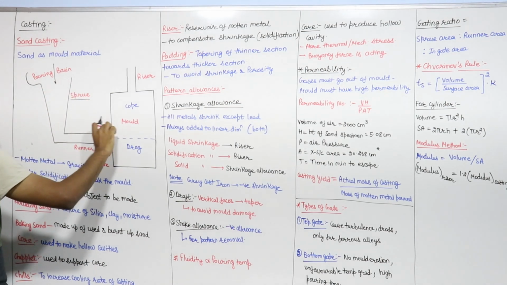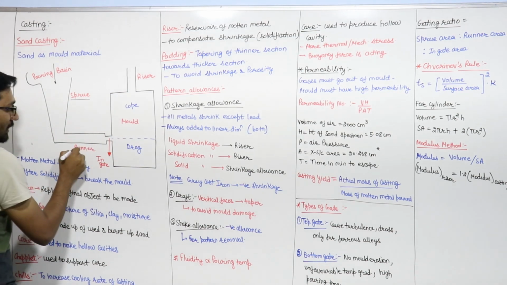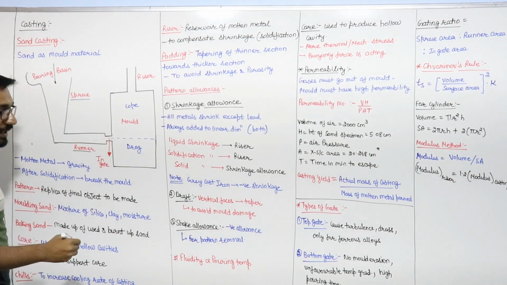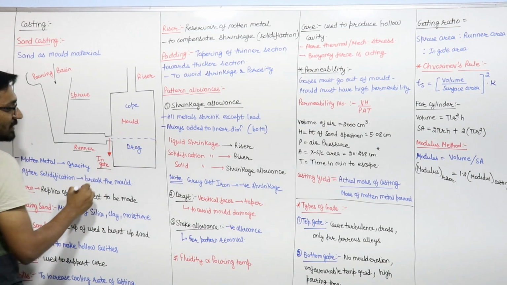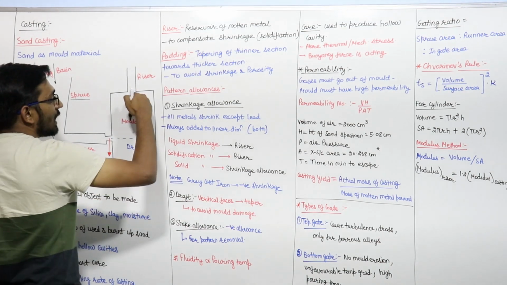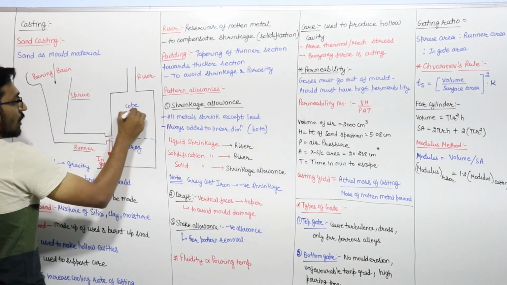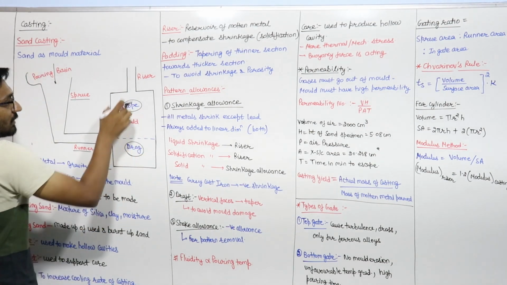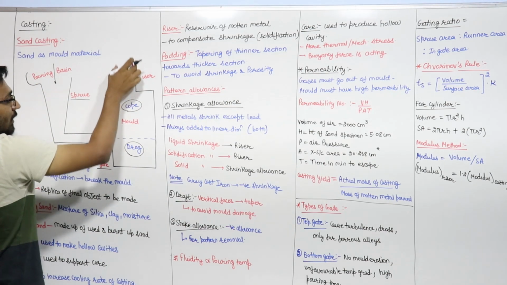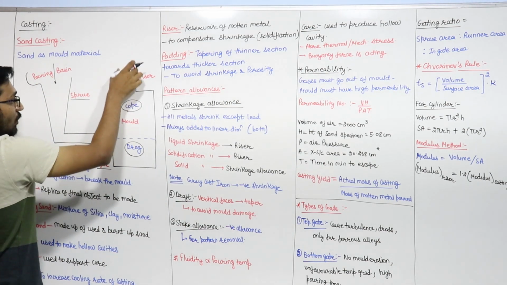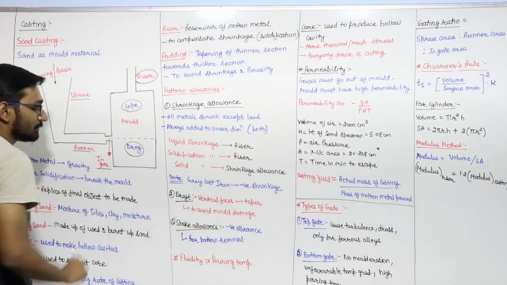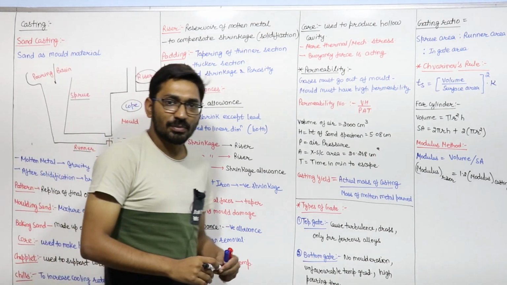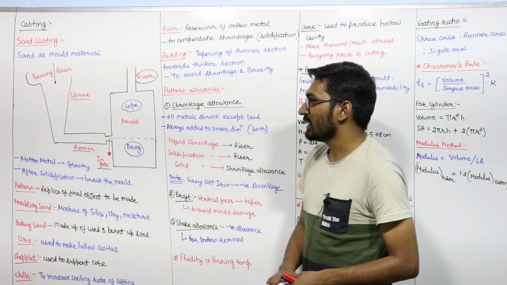This horizontal part is the runner, and the entry into the mold cavity is through the gate, which is known as the in-gate. The upper part of the mold cavity is known as the cope, and the lower part is known as the drag, and this extra part is known as the riser. Each and every component of this casting has its own significance.